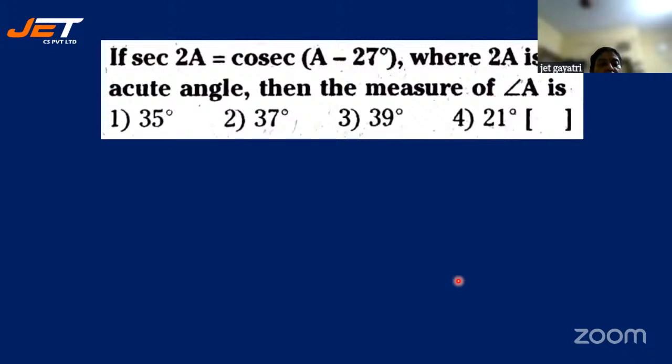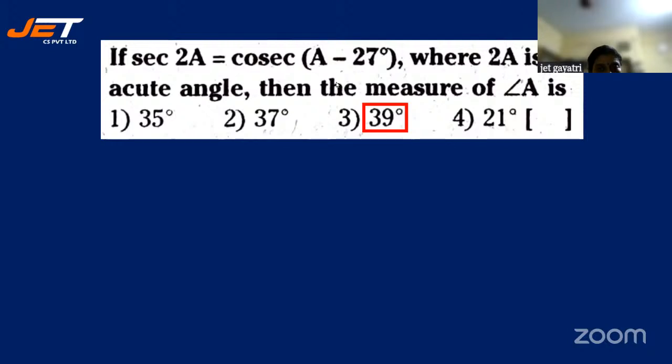Here we have, if secant 2a is equal to cosecant of a minus 27 degree, where 2a is an acute angle, then what is the measure of angle A?